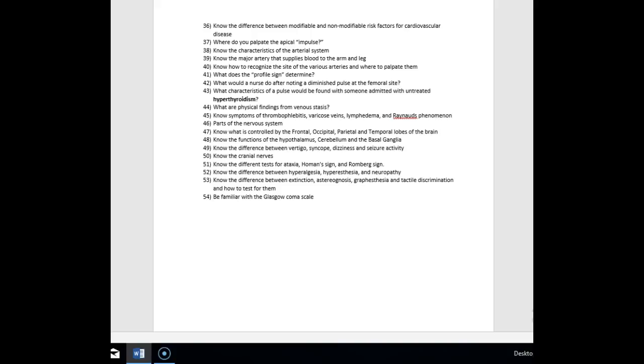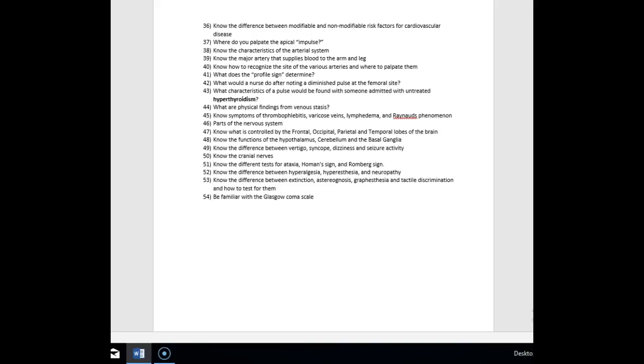The cerebellum, y'all, is mostly for motor coordination, so you're talking about balance, cerebellum. And then the basal ganglia controls the automatic movements of the body. So those are basically what's going on there.